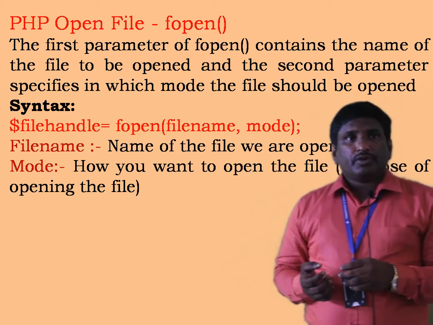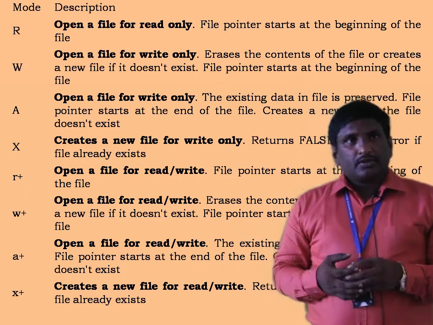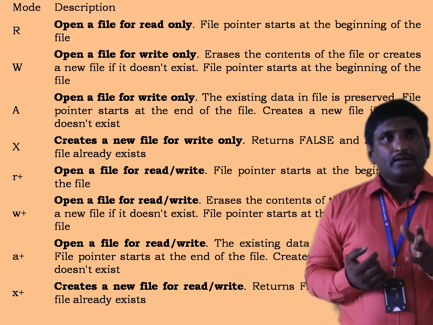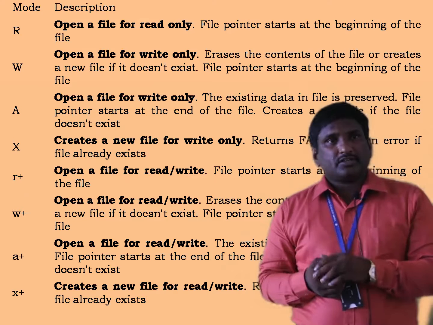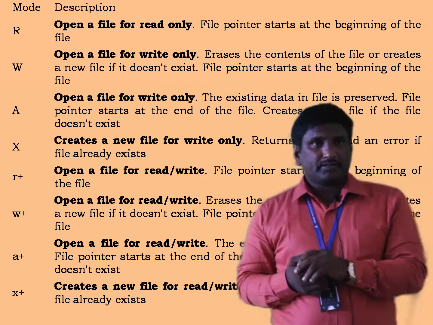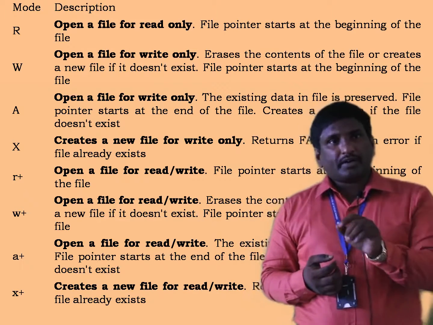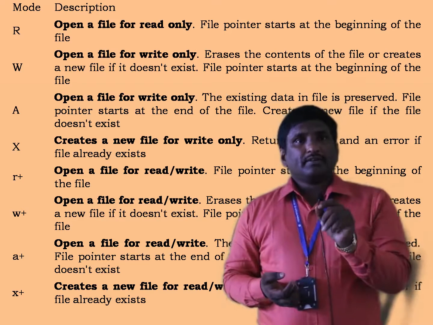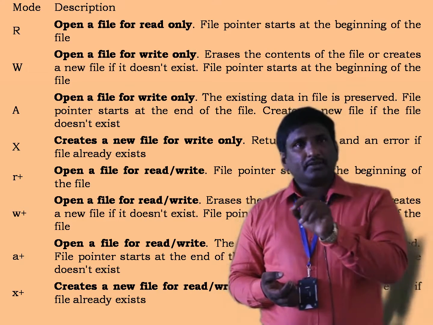Next we are going to discuss the modes of files. Here I have given a table of mode and description. Here r means read only: open a file for read only, and the file pointer starts at the beginning of the file.